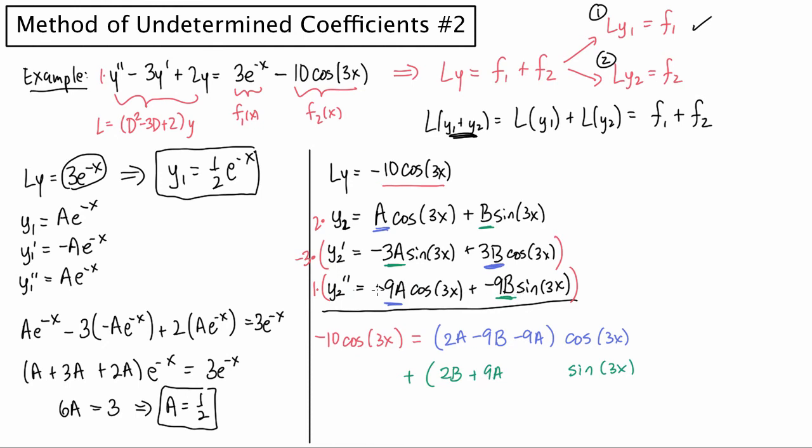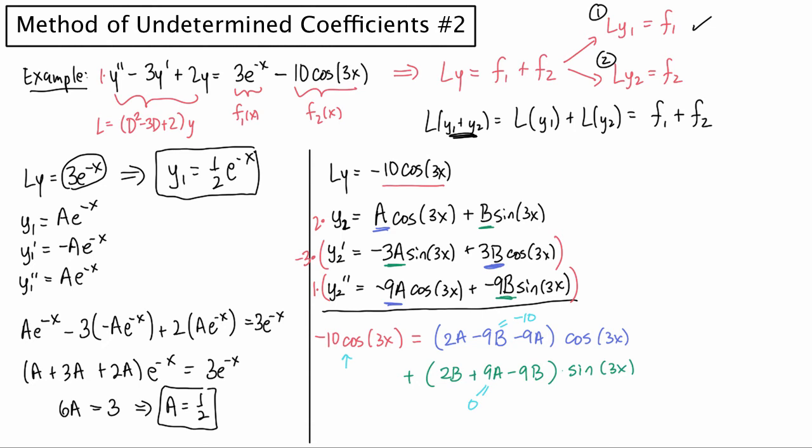And then on the last one, we've got 1 times negative 9b, so minus 9b on that one. What should each of these be equal to? Well, on the left-hand side, negative 10 is the coefficient of cosine of 3x. So this piece should equal negative 10. And there is no sine, so the coefficient of sine should be 0.